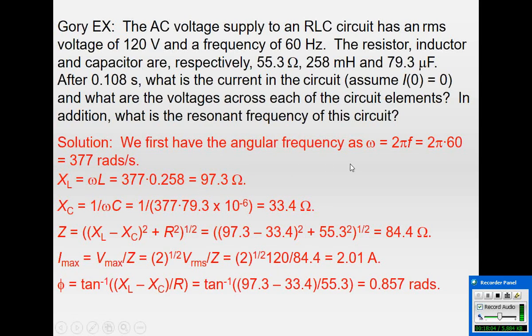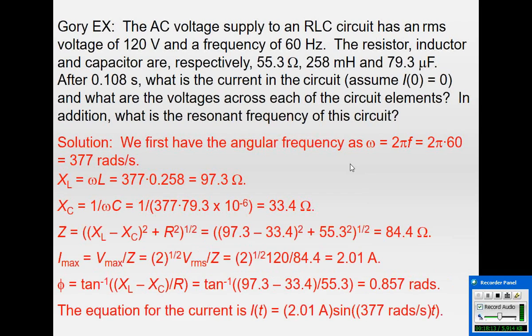Now that we know that, and we can also calculate phi, for which we get 0.857 radians, we can come up with our expression for the current in the circuit. 2.01 is the amplitude, the maximum current, times the sine of omega t, and we can get away with that because we are saying that at t equals 0, the current is 0.